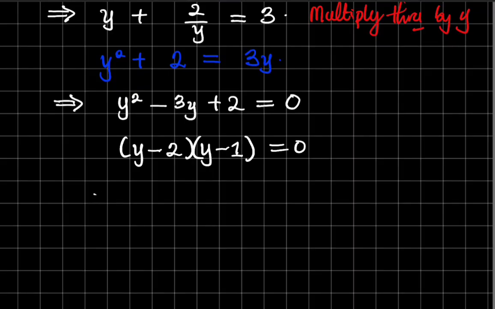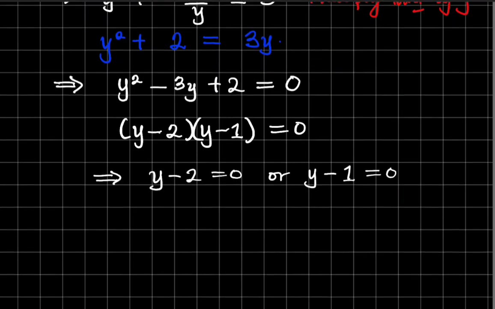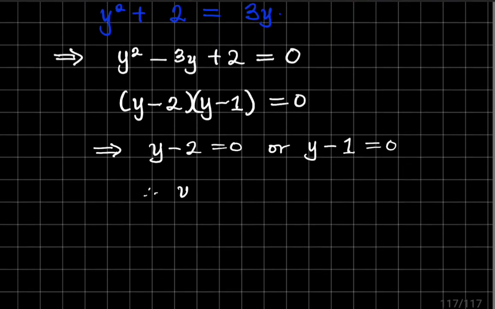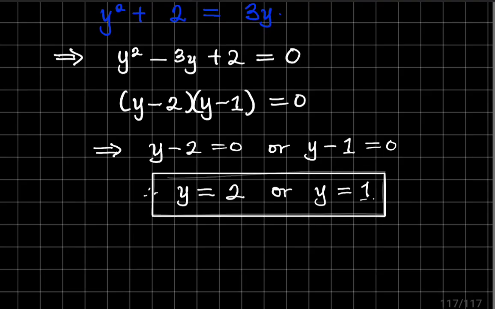So solving this further, we see that y minus 2 is equal to 0, or y minus 1 equals 0. Therefore, y is equal to 2, or y is equal to 1. So these are the two possible values of y. We are not done. We are moving to find the value of x. We are not given y, we are given an equation in terms of x.